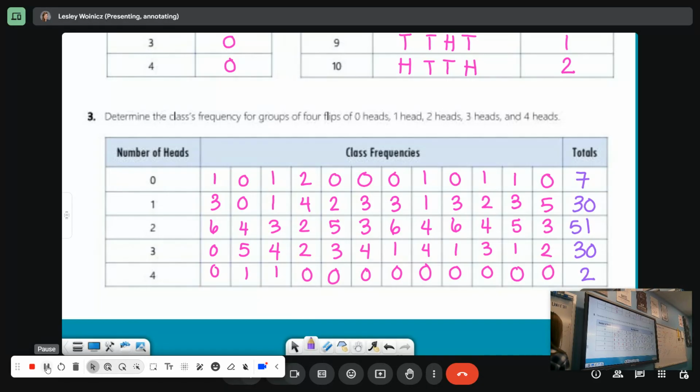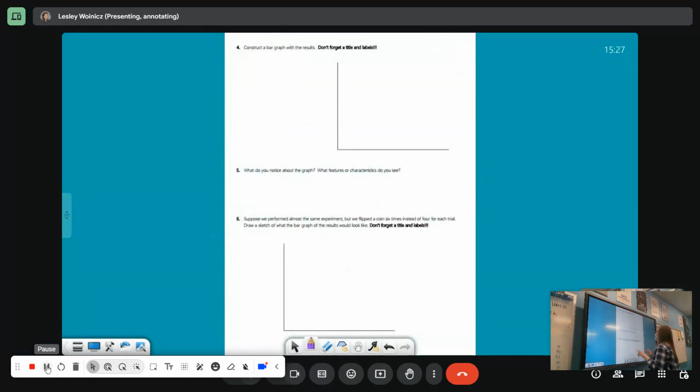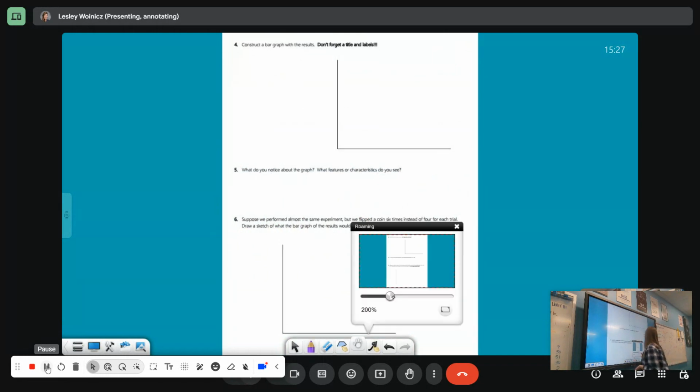Anybody? So it got a little weird on the ends, but what are you noticing? All right, that's fine. You can hold your cards close to your vest for a minute.